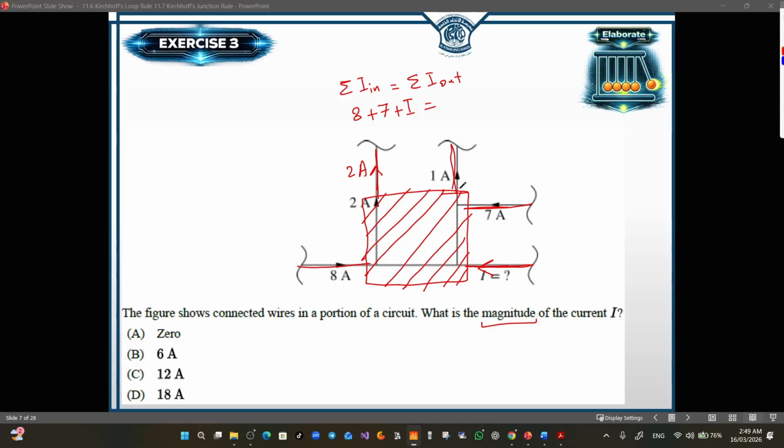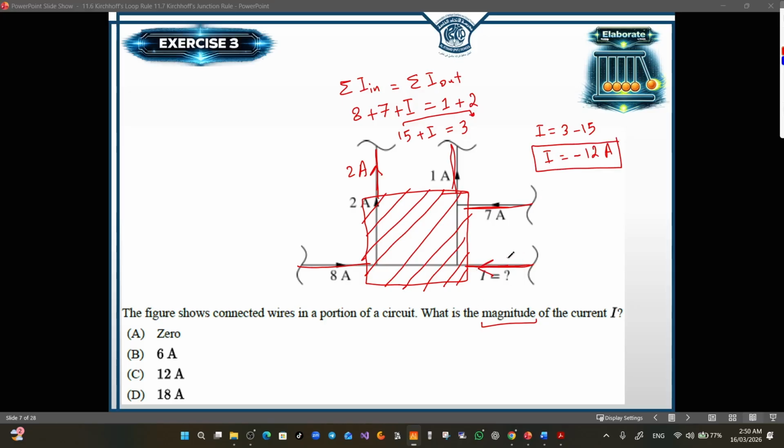Now, the currents leaving the junction or the box are the 1 amp and the 2 amps. We just calculate: 8 plus 7 is 15, equals 1 plus 2, which is 3. Moving 15 to the other side, I equals 3 minus 15, and the final answer is minus 12. We got a minus sign, which means we assumed the wrong direction for the current.